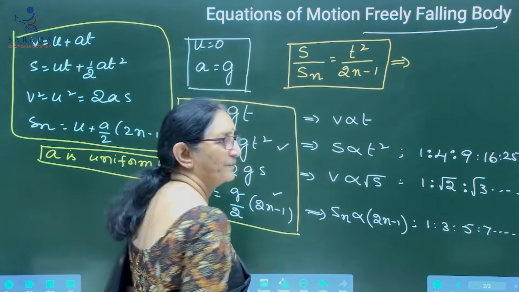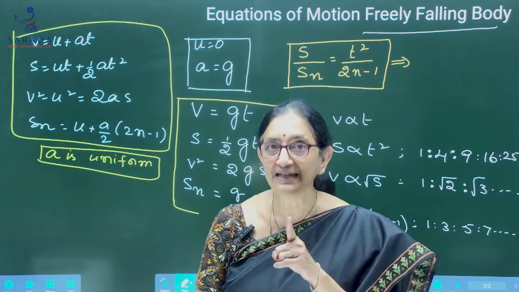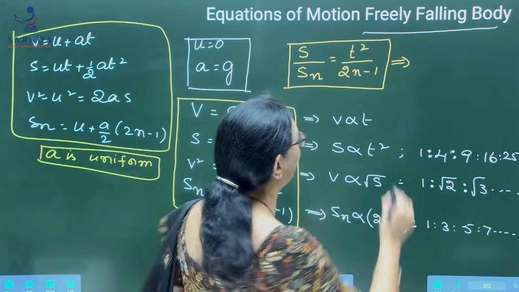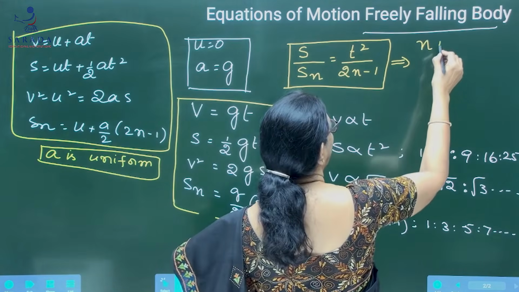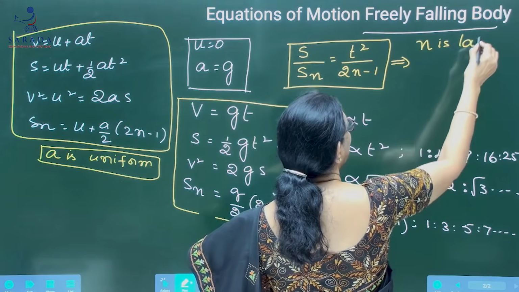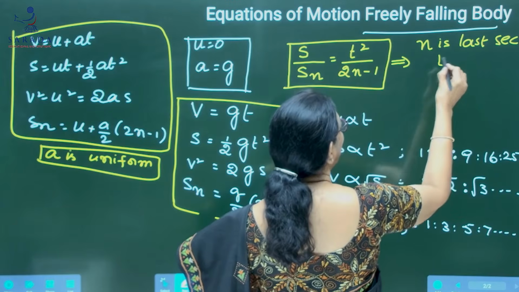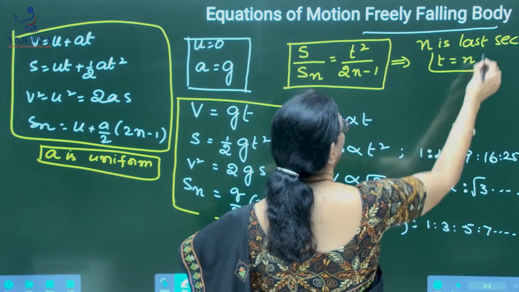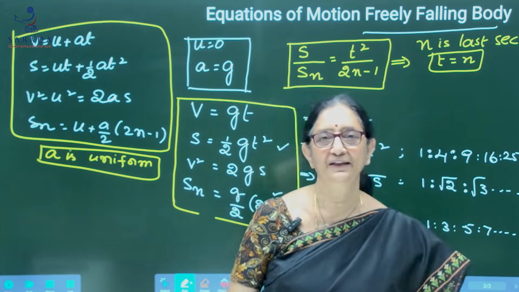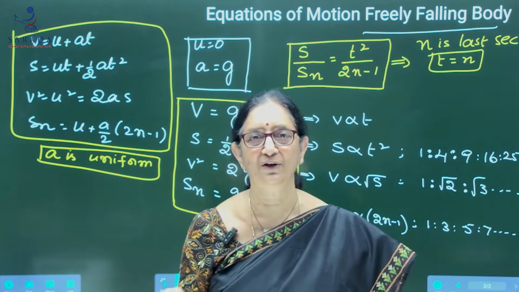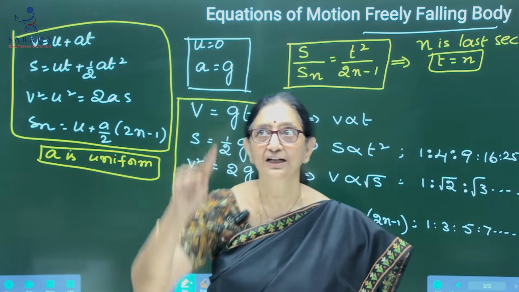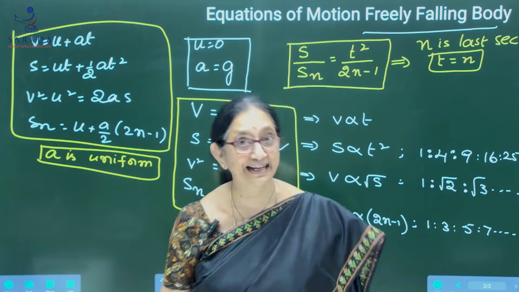Look here, if n is the last second of the free fall, then t is equal to n, isn't it? Suppose the last second of free fall is the 10th second, then the total time of free fall will be 10 seconds.